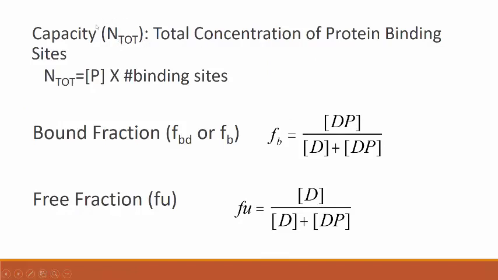So it's symbolized as N total. N is the number of protein binding sites available. So, all right, I'm not going to go into this too much, but fraction bound will be the concentration bound over total. Fraction unbound will be unbound concentration over total.